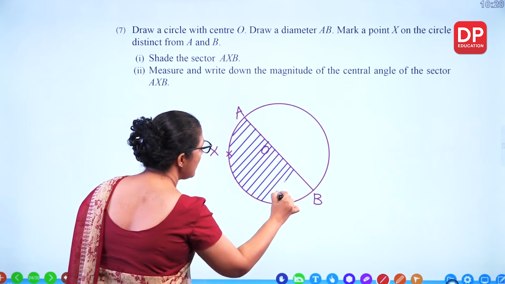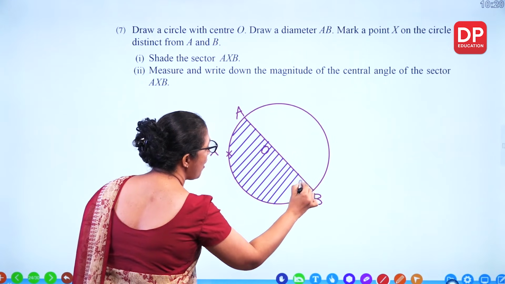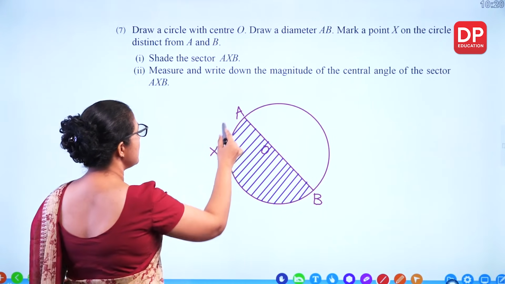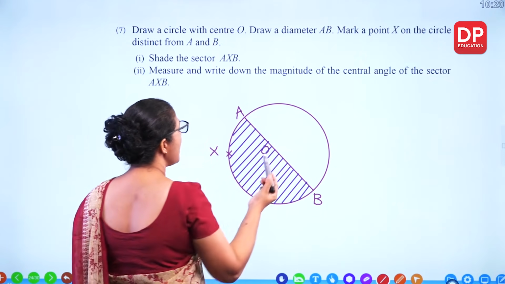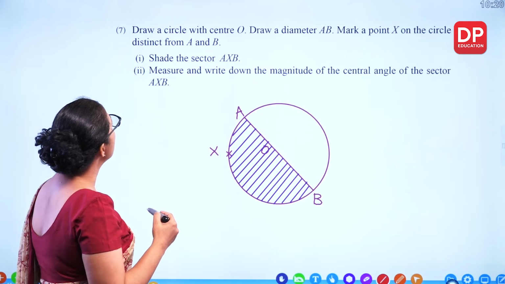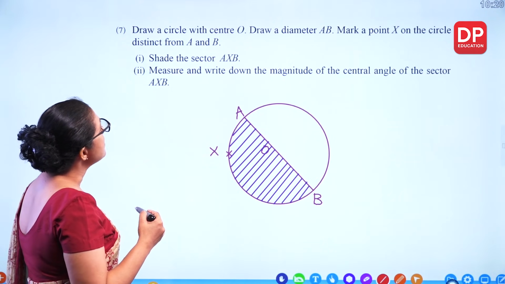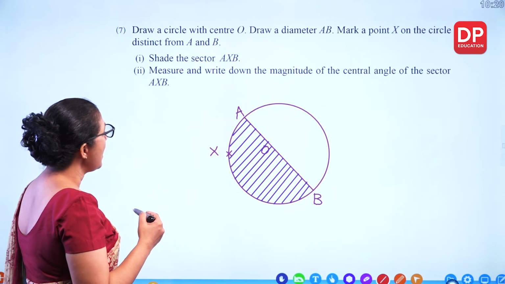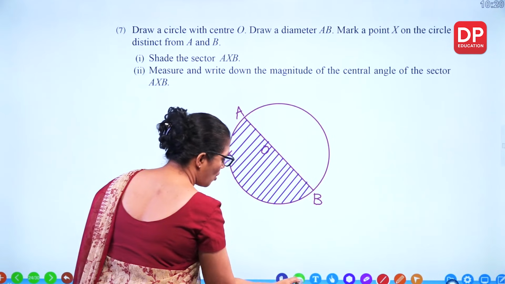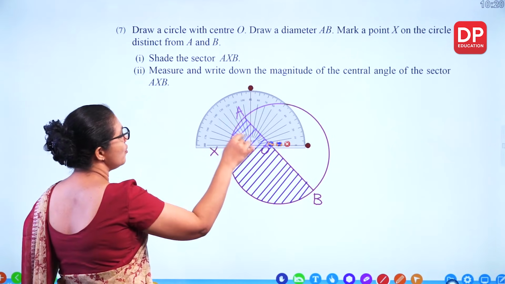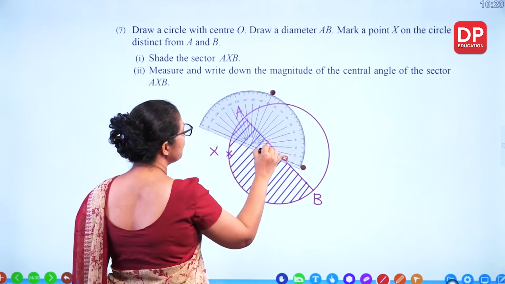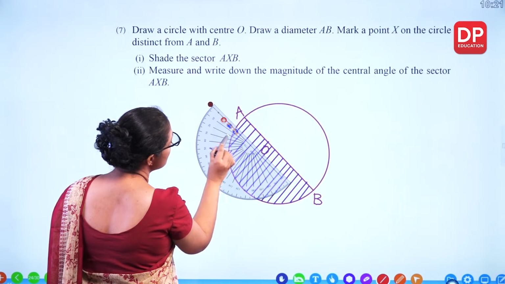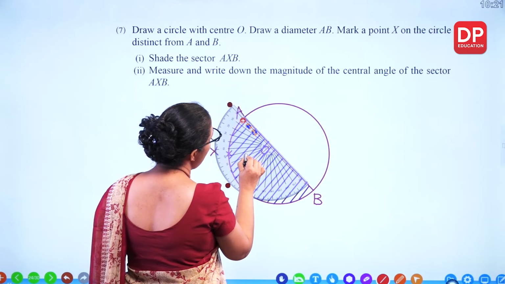So what is a sector? A region bounded by two radii and the arc. So AXB is the arc, and the two radii are OA and OB. Measure and write down the magnitude of the central angle of the sector AXB. Without measuring also, you can see that you get 180 because it's a straight angle.